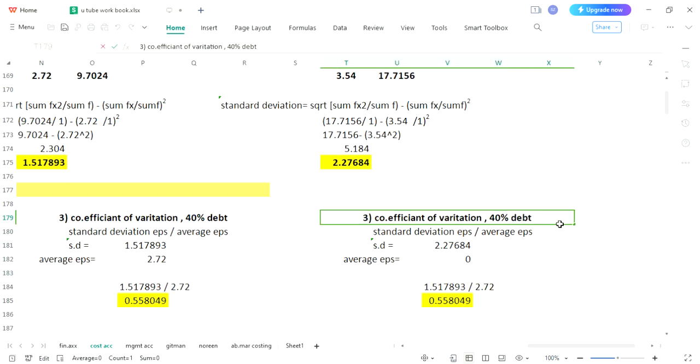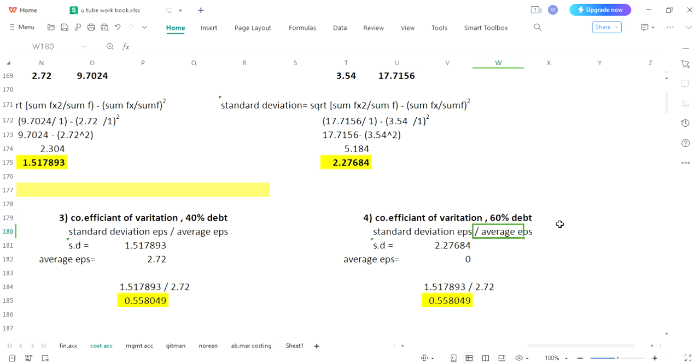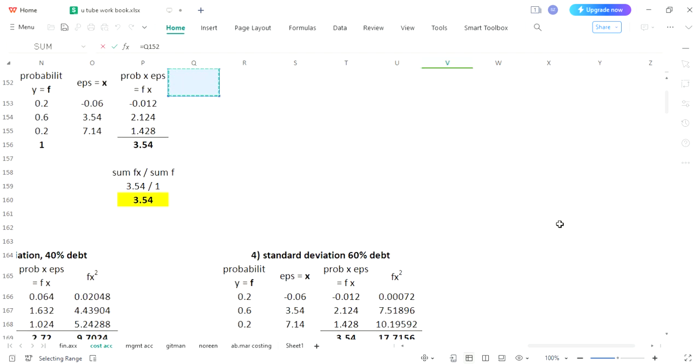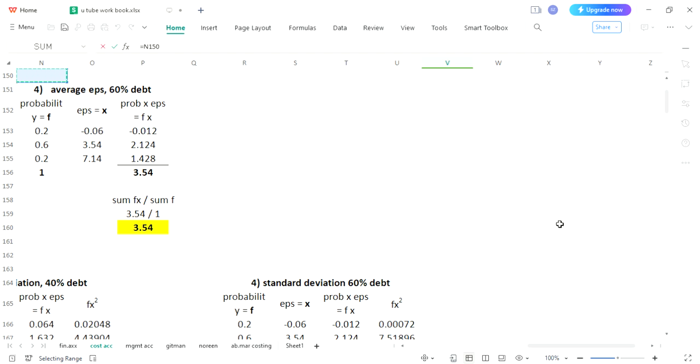We are now going to calculate the fourth CV. Obviously now that would be changed from 40 to 60%, and it is your fourth CV where you will mention your standard deviation. This is the fourth standard deviation, 2.27, and now we will be putting the fourth average. This is your fourth average and had been calculated as 3.54.